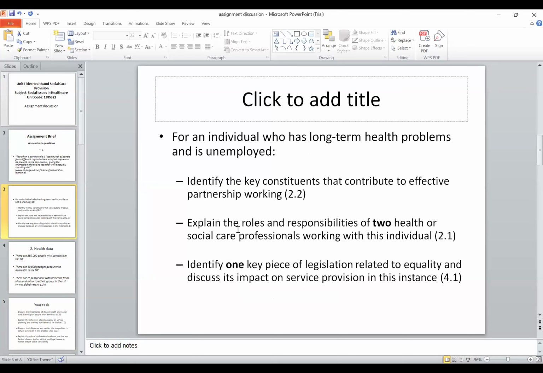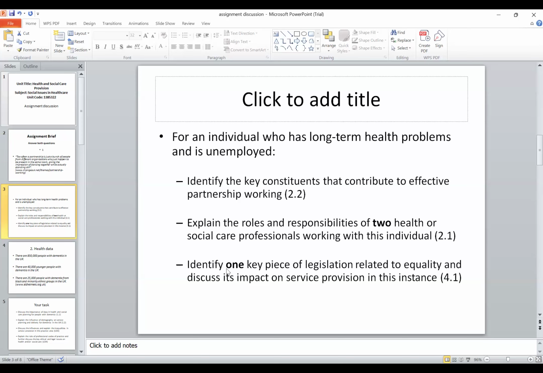It's not a report, it's just an essay that you're describing. When you're identifying, you'll ideally use fewer words, but when you're explaining something, you would want to express it more. Then you're identifying one key piece of legislation related to equality and discussing its impact. So when you're identifying, it's going to be short, but when you're discussing, it's going to be longer, and you can use different referencing in it.